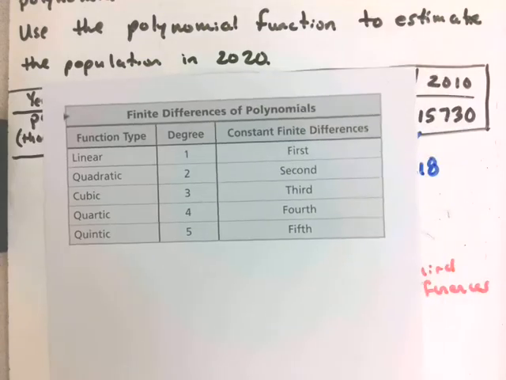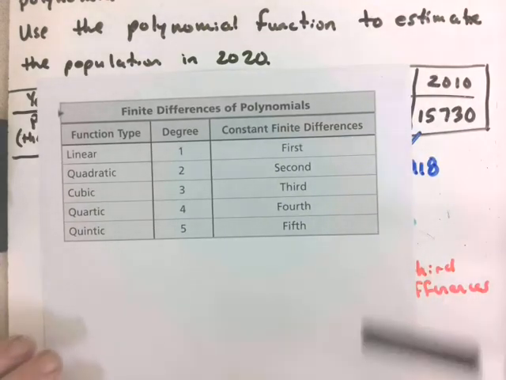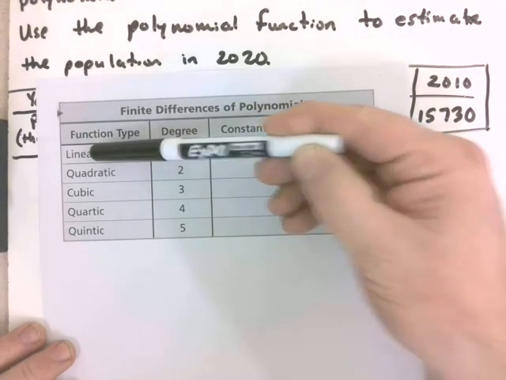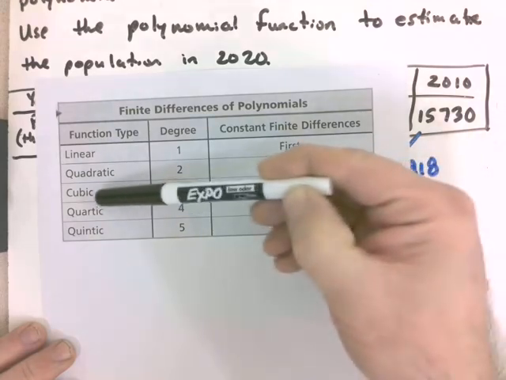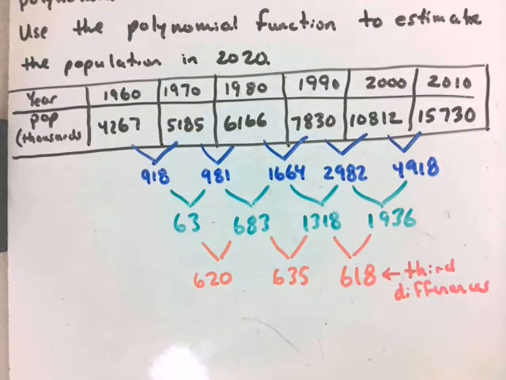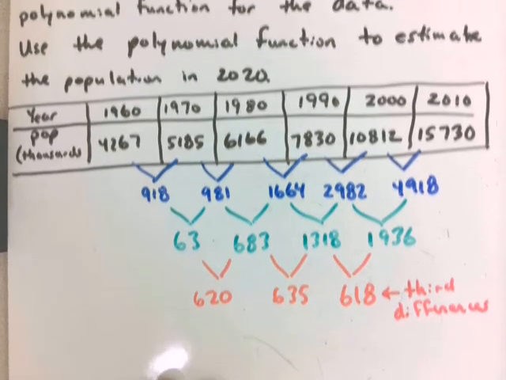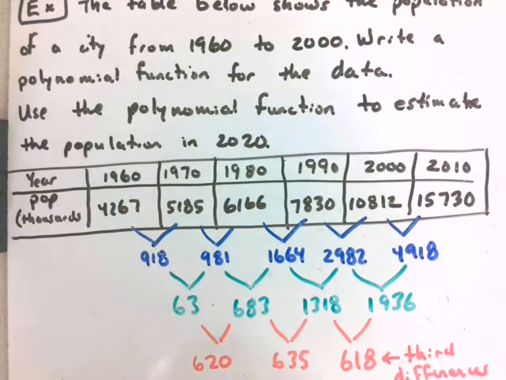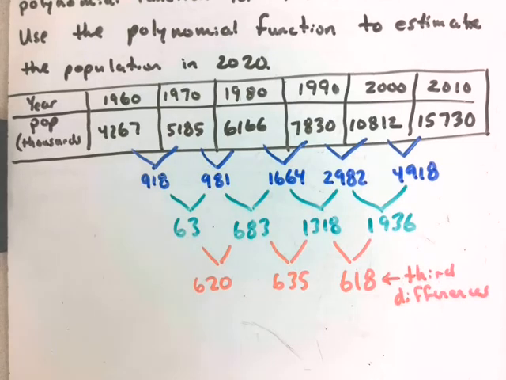Again, in our textbook, we have this table. And if your first differences are the same or close, we would have a linear model. Well, for us it was the third, so a cubic is what we would use to represent that information. In order for us to come up with the polynomial function for the data, what we would want to do is either calculate that by hand or rely on our calculator.